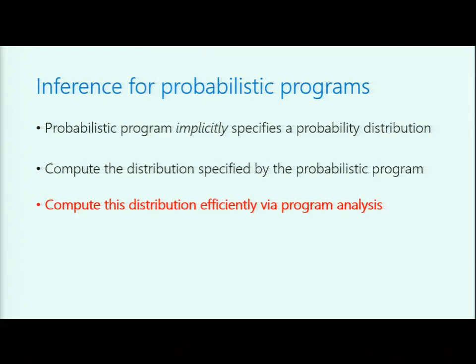What is really lacking in the machine learning area is that people come up with a bunch of techniques or algorithms, but they don't really focus on correctness. There are a number of tools which do inference for probabilistic programs, but is the answer that they compute the same as the distribution specified by the probabilistic program? That hasn't been explored so far, and by using program analysis techniques, we're able to bridge formal methods in machine learning.